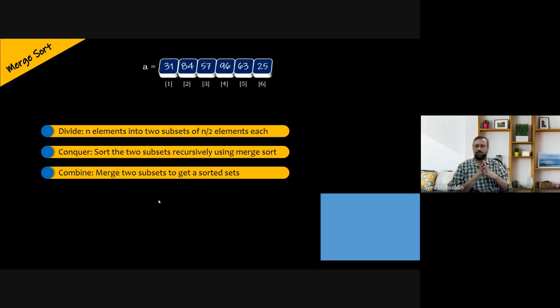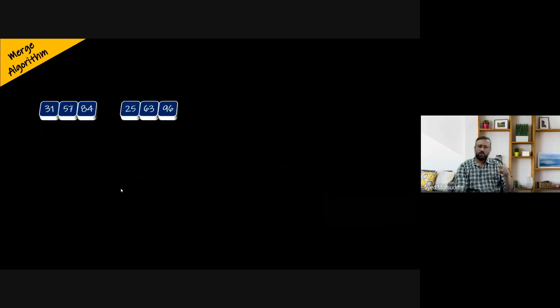The actual merge sort algorithm can be completed in 3 or 4 steps, but the actual working of merge sort is in the combine phase, when we merge two sorted subsets. So we will first look at how to merge two sorted subsets, and this algorithm is known as the merge sort algorithm.